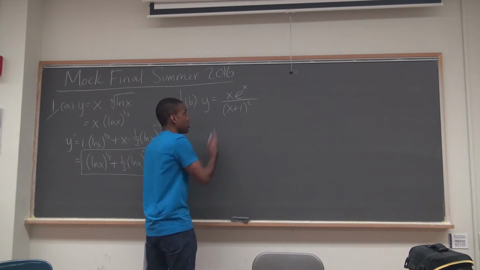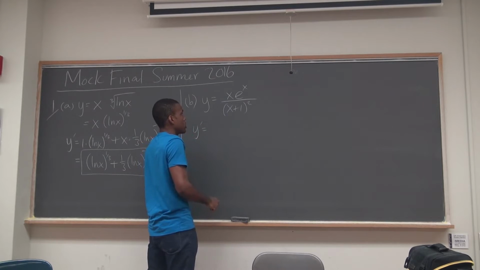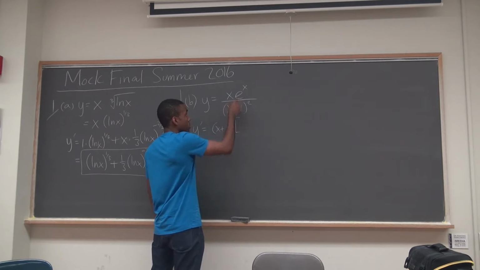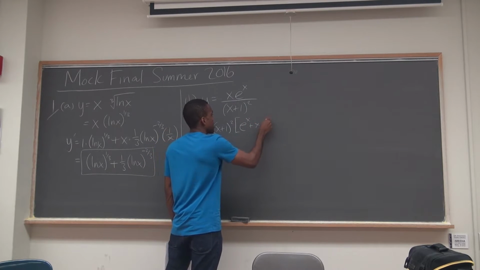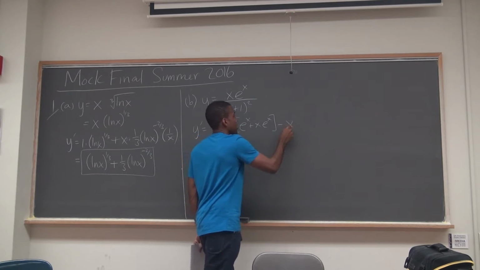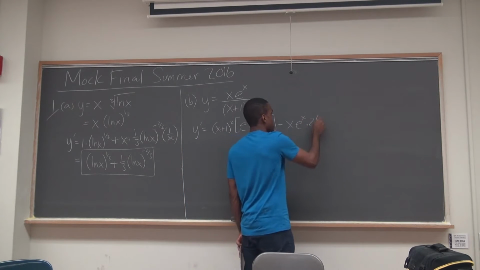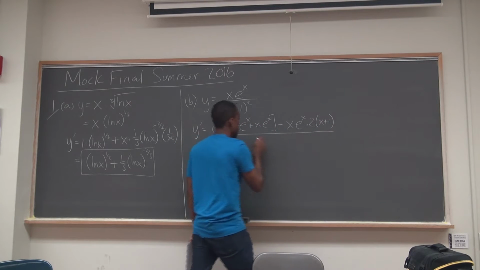Okay. So for this one, I just jump into it. No need to rewrite. I use the quotient rule. So it's the bottom times the derivative of the top. Derivative of the top being the product rule. So it's e to the x plus x e to the x, minus the top times the derivative of the bottom, which you need the chain rule. All over the bottom squared.